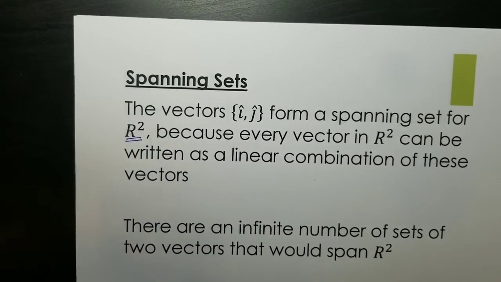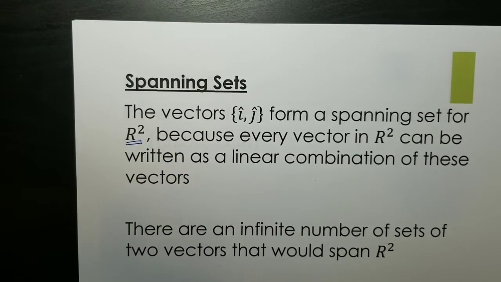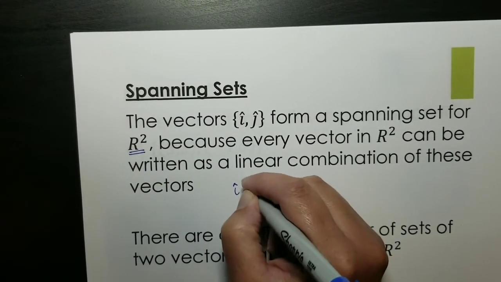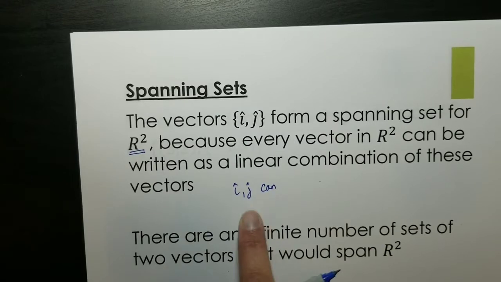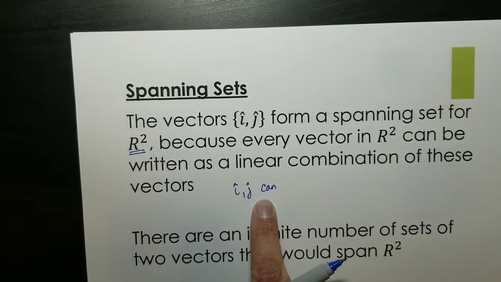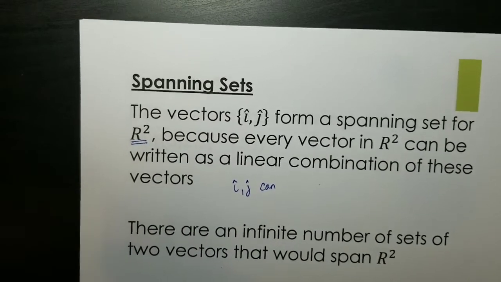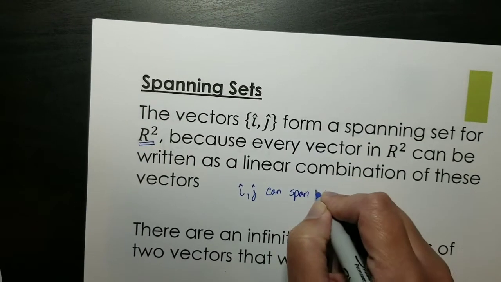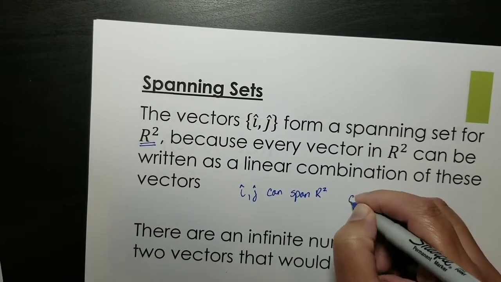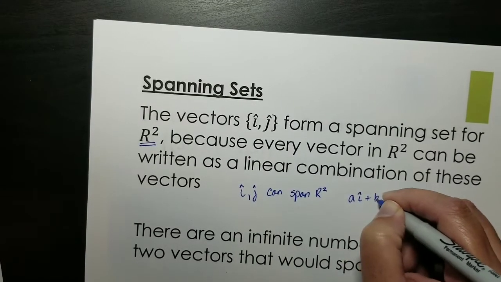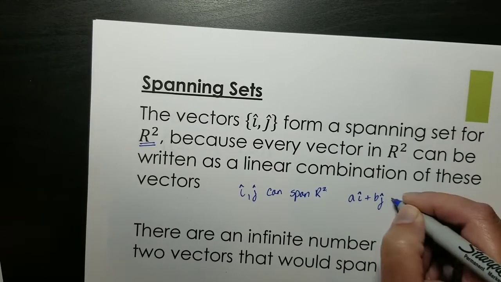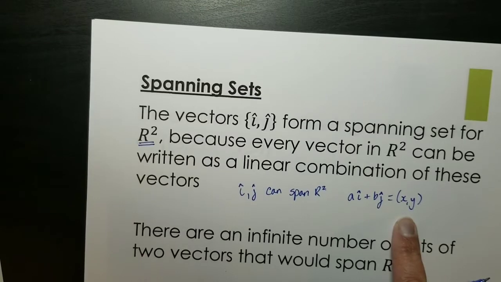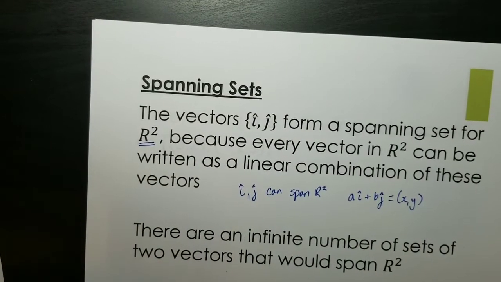We know that with the vectors i hat and j hat, we can get anywhere in R2 with a linear combination, some multiple of i hat and some multiple of j hat. That means a times i hat plus b times j hat can equal any vector in R2.